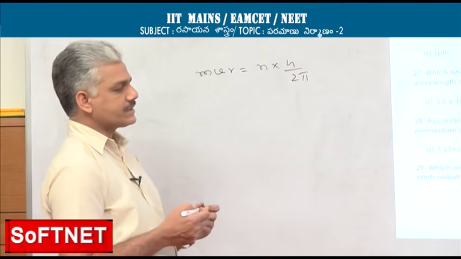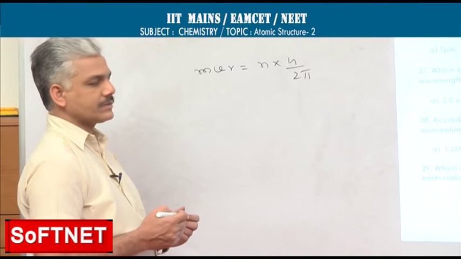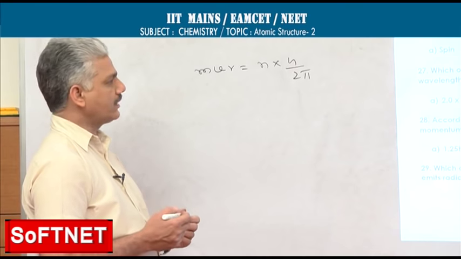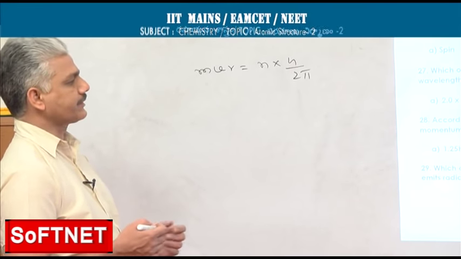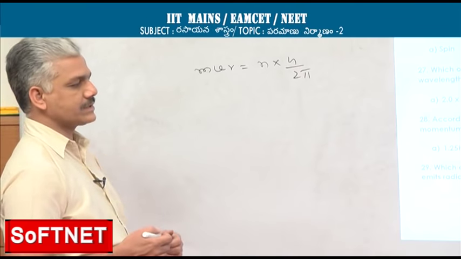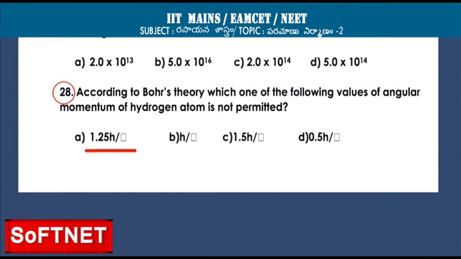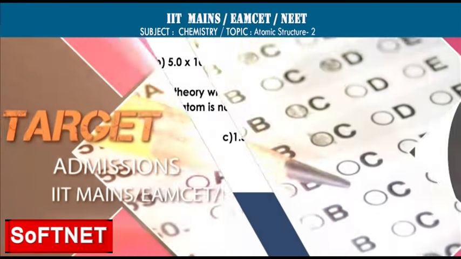In the first option, n value comes out to 2.5, a fractional value, hence it cannot be the correct answer. So, for 28th question, correct option is A, which is not permitted, because the n value comes out to a fractional value.